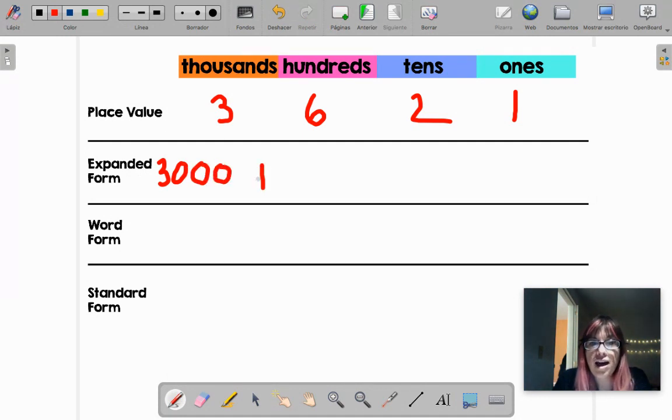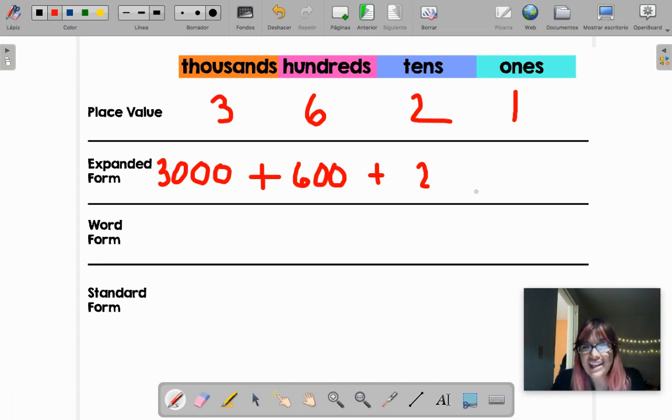Okay, plus, the expanded form is when we put the addition. Plus here, do we just say 6 or do we say 600 because it's in the hundreds? Exactly, 600, so I put 600, okay? Plus, here, do I just put a 2? What do you think?